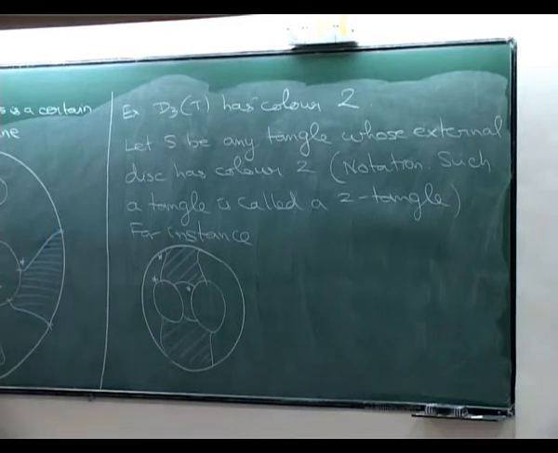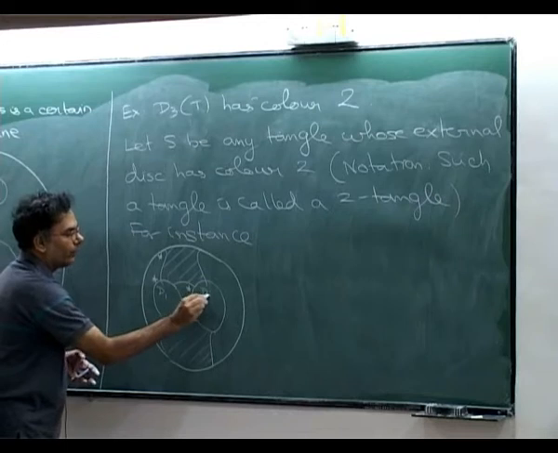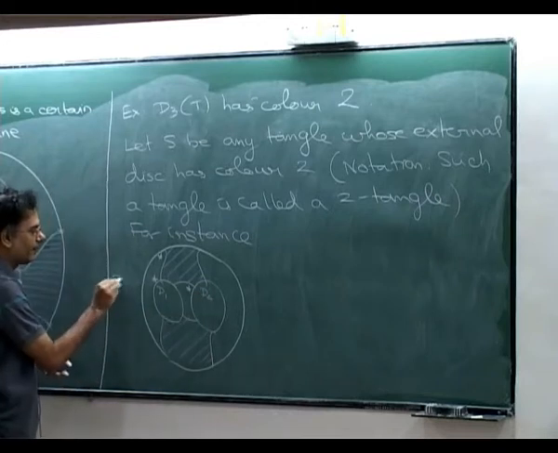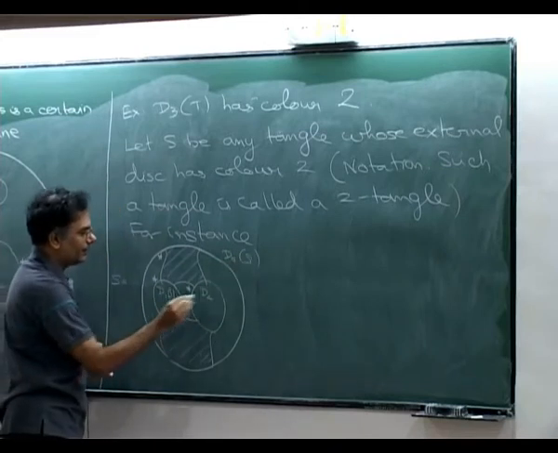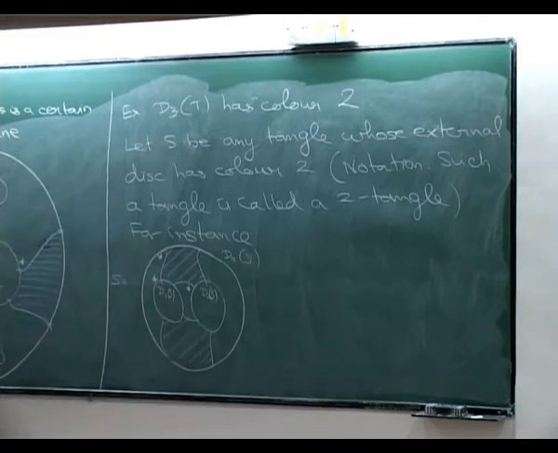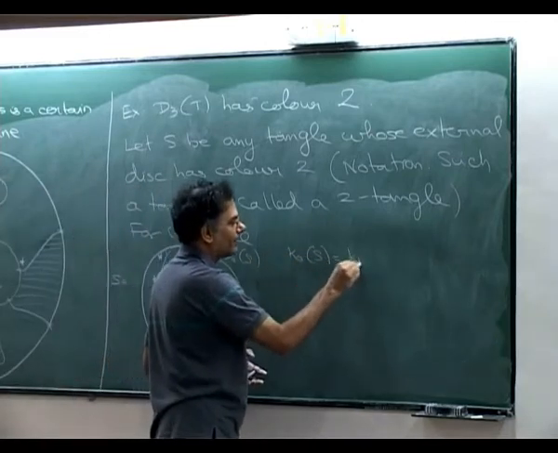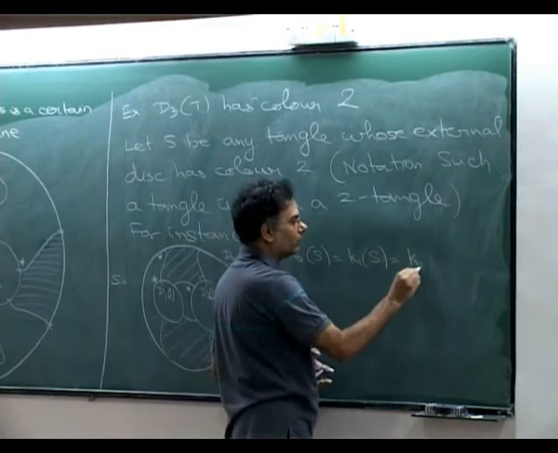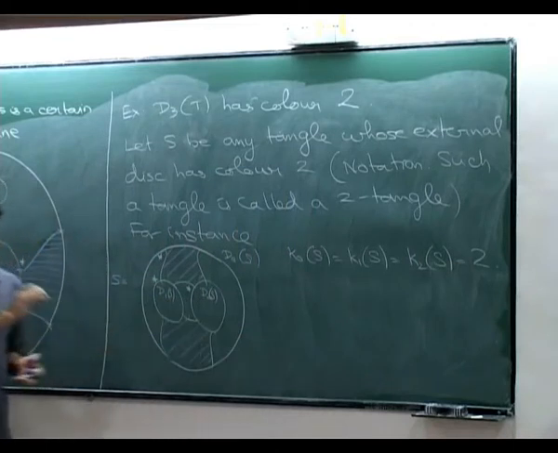Okay, so this is an example of a 2 tangle, right? Its external disk is of color 2. Its internal disks also are of color 2. Let's call them D1 and D2 for S. So this is S, this is D0 of S, this is D1 of S, this is D2 of S. So K0 of S, K1 of S and K2 of S are all equal to 2. Each of these boundary circles has exactly 4 marked points, so all the colors are 2.